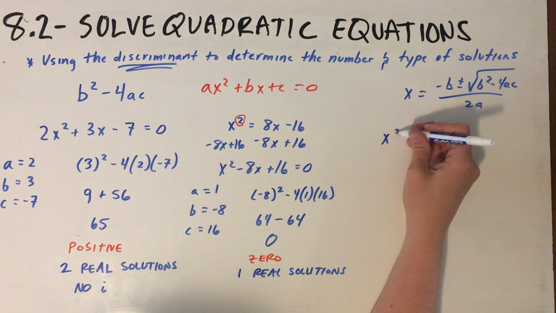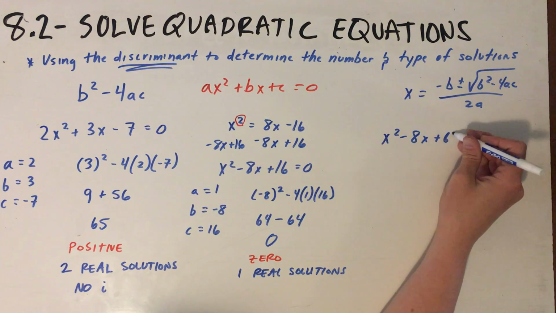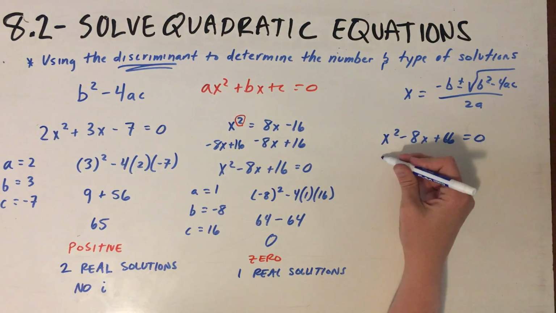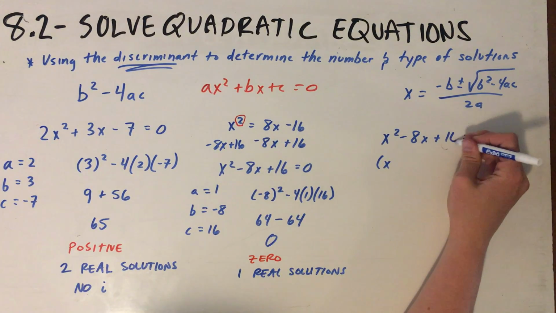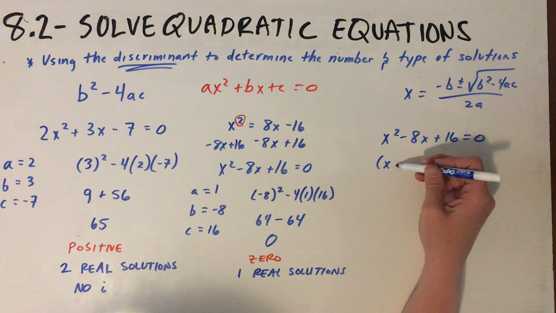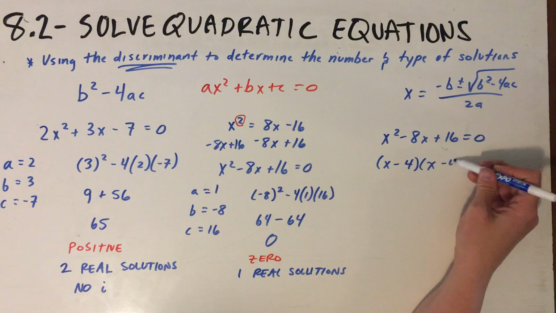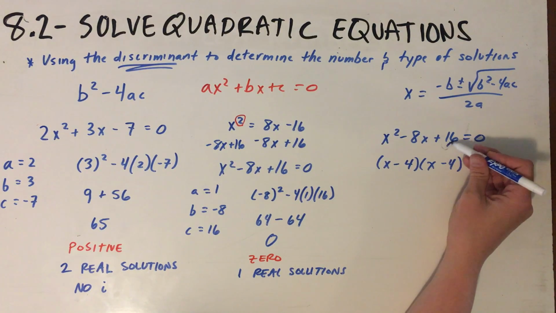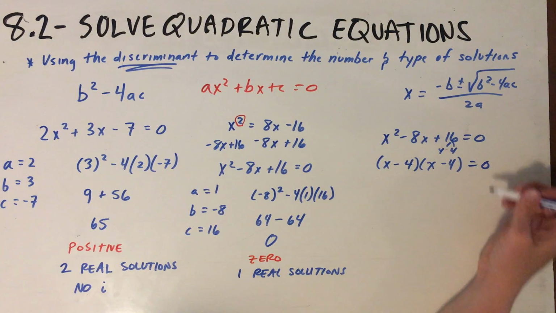Well, they should, and let's see if we can figure out why there's only one real solution here. We'll come back to this one right here, so let's talk about this for just a second. If I look at this again real quick, notice this is a perfect square trinomial. So it's going to be x minus 4 times x minus 4 equals 0.